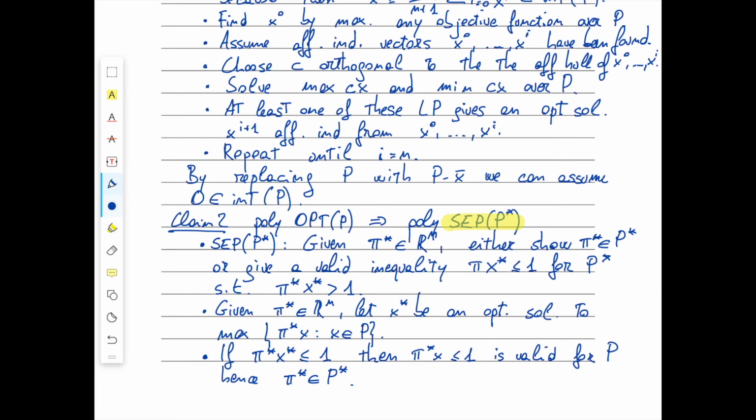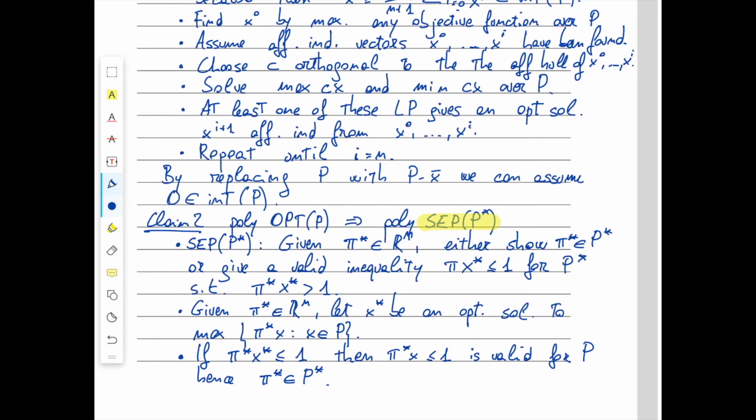Otherwise, we have that pi star x star is strictly larger than 1, and what we want to show is that in this case the inequality pi x star less than or equal to 1 is valid for P star.